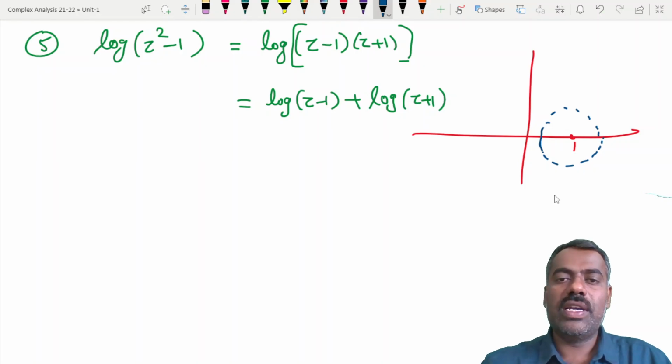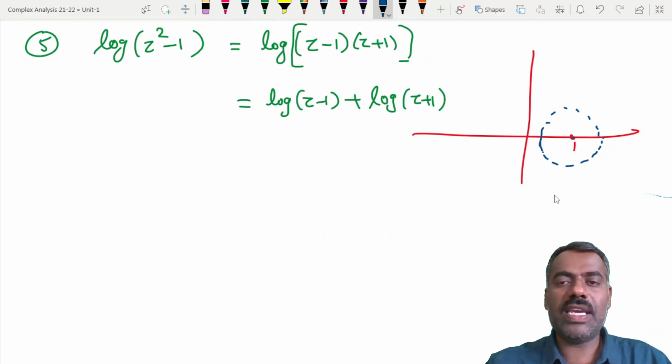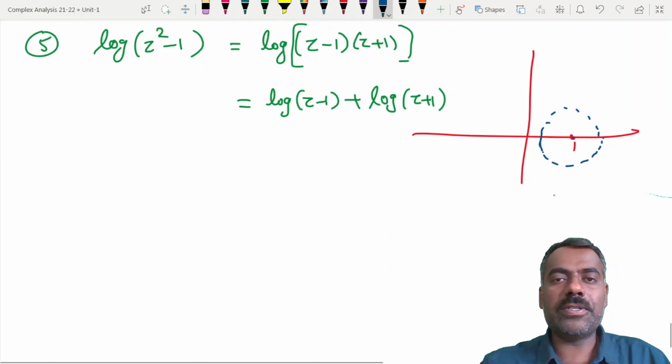Then we know this log of z minus 1 value changes by 2 pi i. And this log of z plus 1 will stay as it is because z is equal to minus 1 is outside, it doesn't contain this. So this value doesn't change, but the other value changes by 2 pi i. So therefore this sum also changes by 2 pi i. Yes or no? Have you understood?